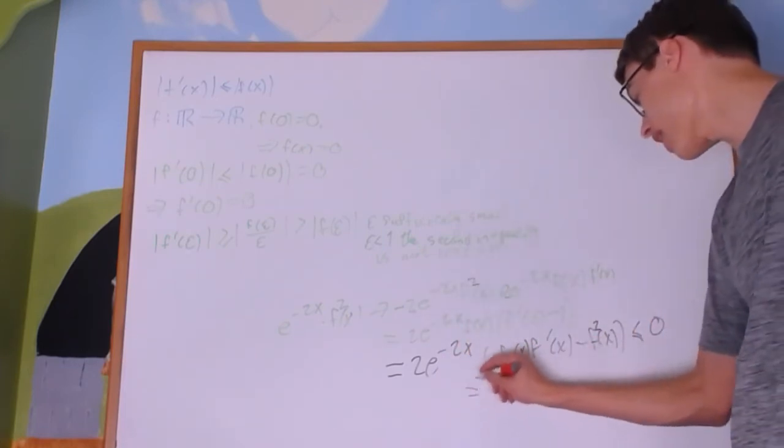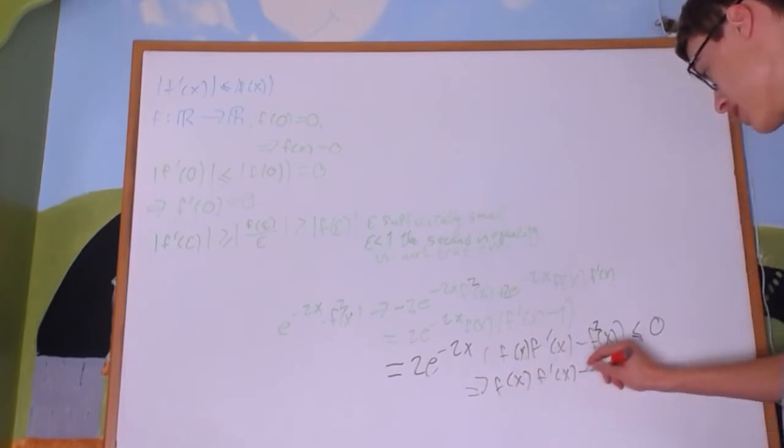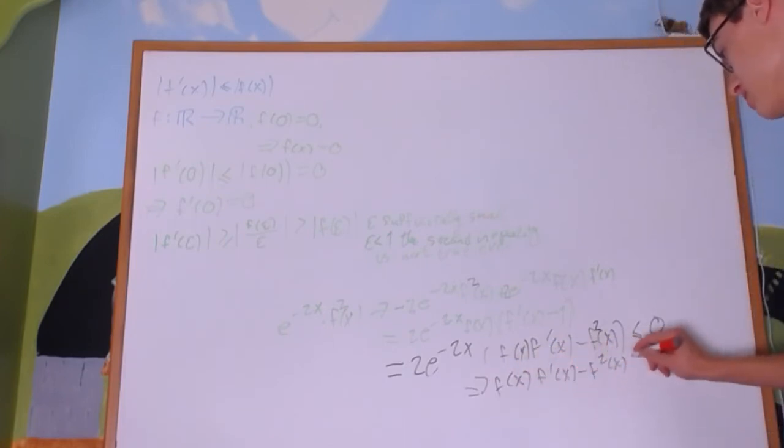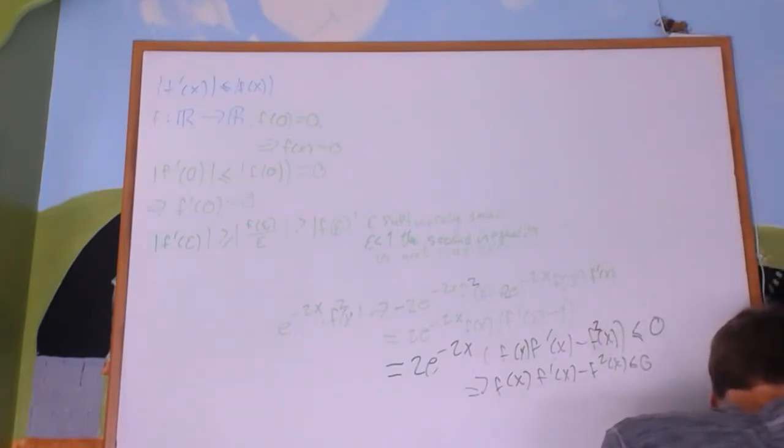So that means that I can do f of x times f prime of x minus f squared of x is less than or equal to 0. Absolute value.